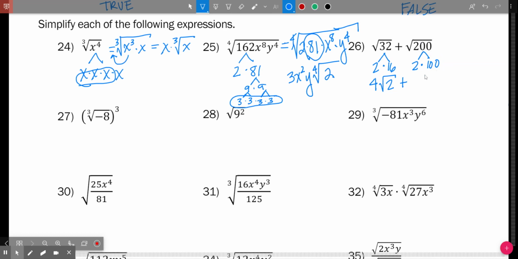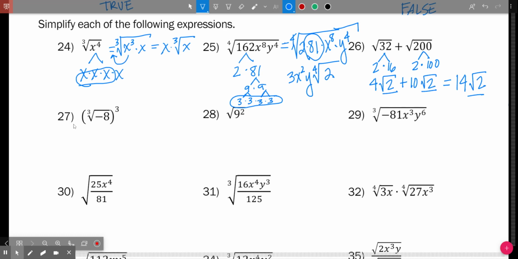So the square root of 100 is 10, and the 2 stays inside. Once you have the same radicand, you can add the two together, like combining like terms. So this becomes 14 square root of 2, where you add the two coefficients together, but the radicand stays the same.